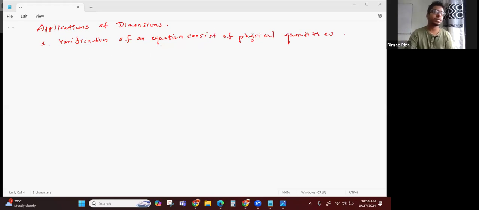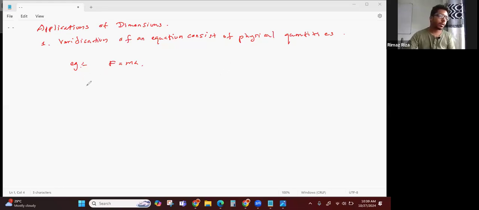Or you can say the verification of a relationship between physical quantities, right? So one relationship we can consider as an example is F equals ma. We want to find out whether this equation is correct. So what we can do is check whether both sides have the same dimensions.